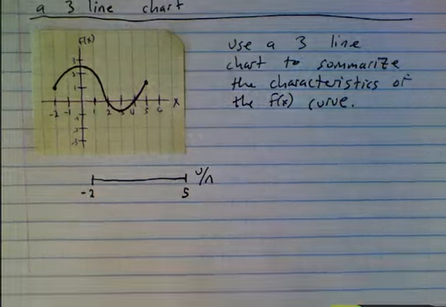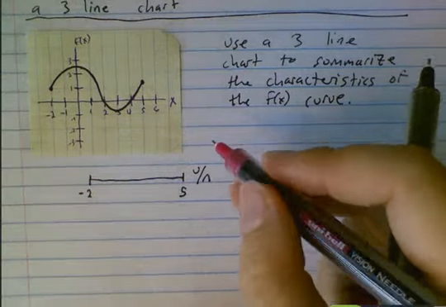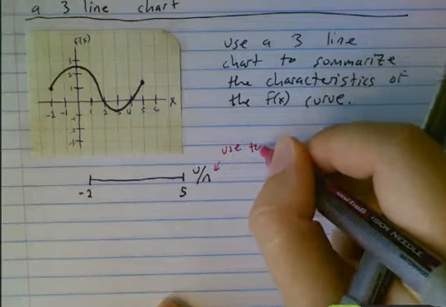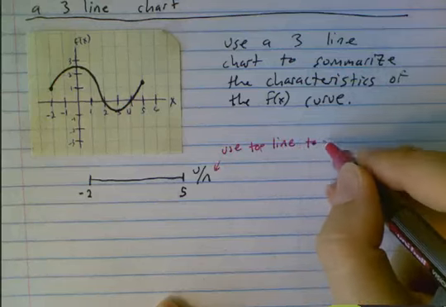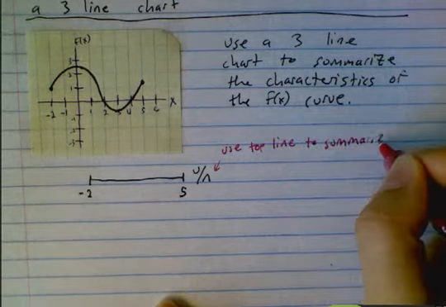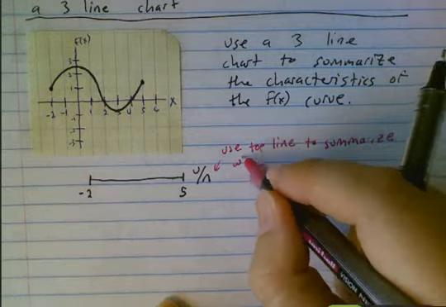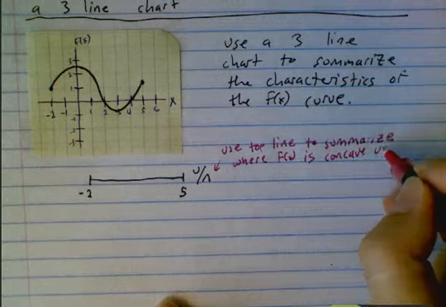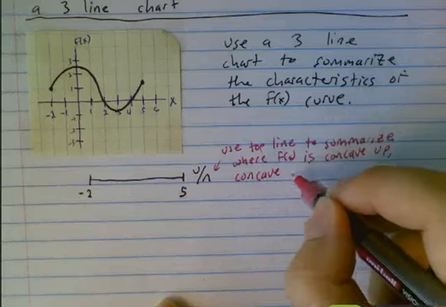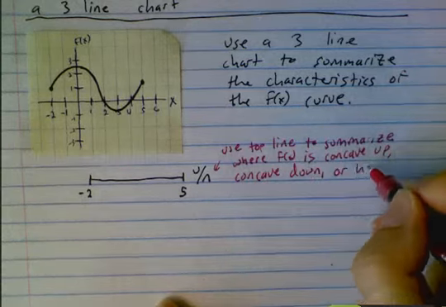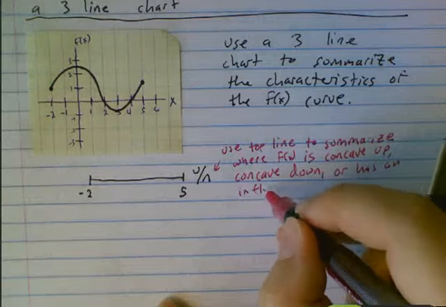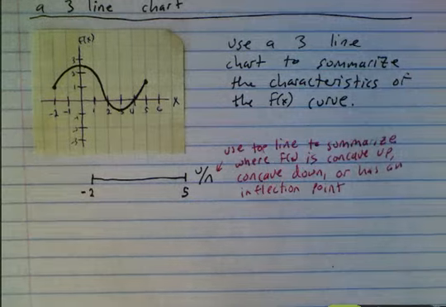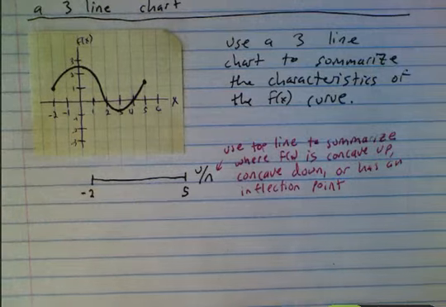And for the first line, we're going to use it to summarize where the function is concave up, concave down, or has an inflection point. Remember, an inflection point is where the concavity changes.